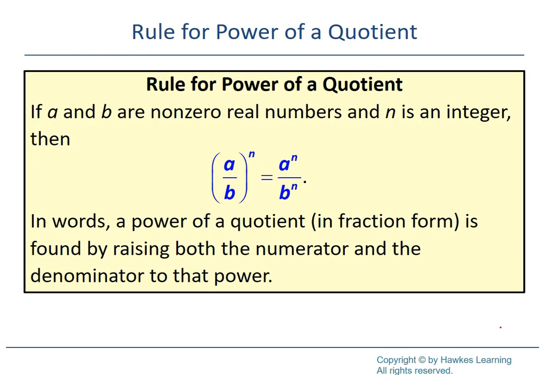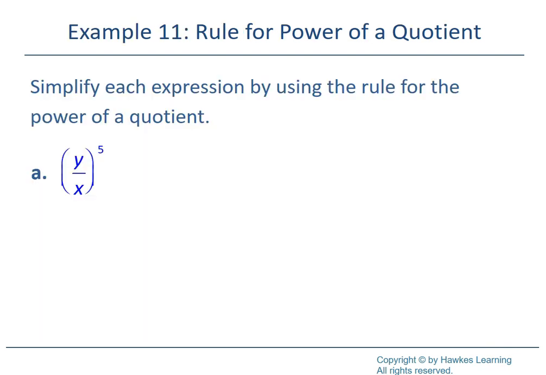All right, now the rule for power of a quotient. So we have a fraction that's to an exponent. And here the exponent applies to the numerator and the denominator. Keep that in mind. So what will this become? Take away the parentheses.